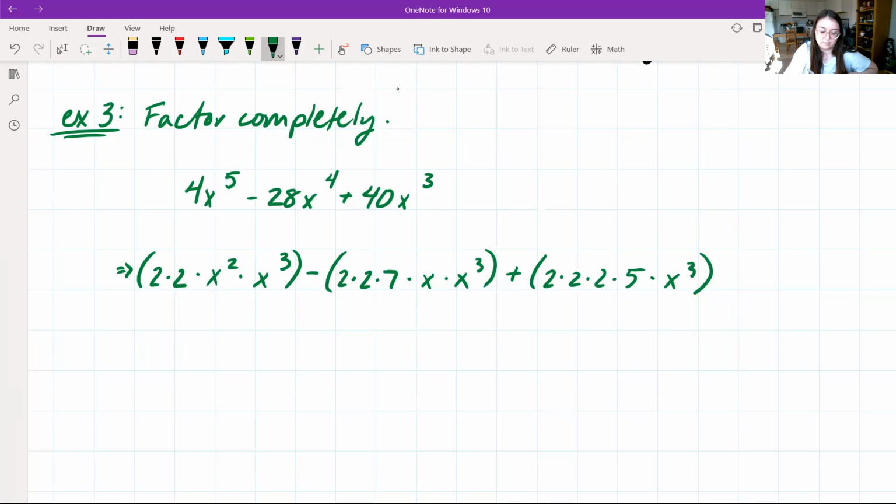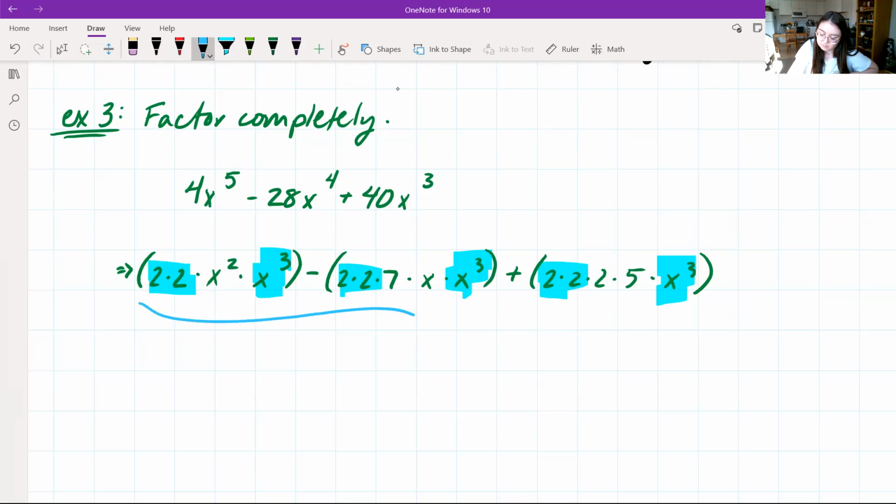So now we can highlight what we have in each term. So we have an x cubed in each term, which we knew already. But now we also have 2 times 2. So in this case, our greatest common factor is going to be 2 times 2 times x cubed, which is 4x cubed.